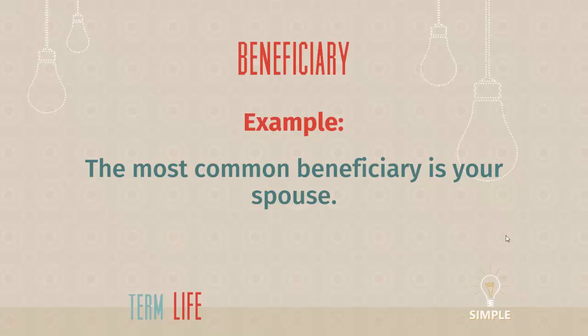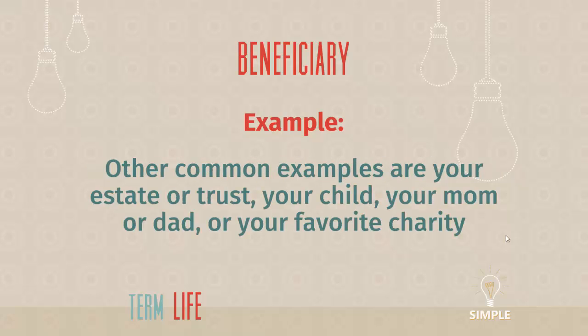So a husband or wife that you are married to, and you have a family together, and you want to know that if you were to pass away, they could take care of the family, maybe pay off the mortgage, cover any money that you were bringing in for a period of time to get resettled because of your loss. So that is the most common beneficiary, but there are certainly other examples.